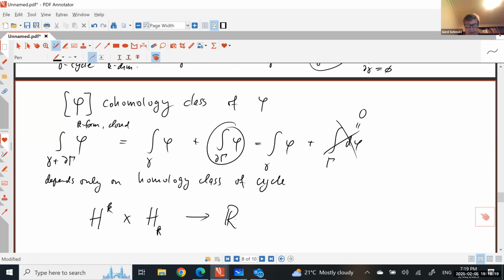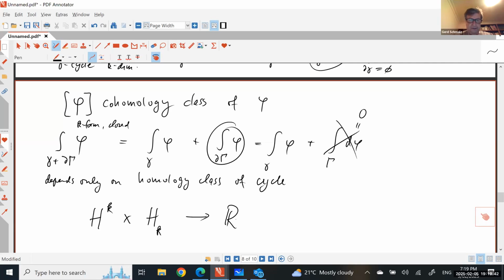Exact forms are not interesting, so hopefully a closed non-exact form, if such a thing exists, and we integrate it over a cycle which is not a boundary, because if it was a boundary, it would not be interesting, we would get 0.